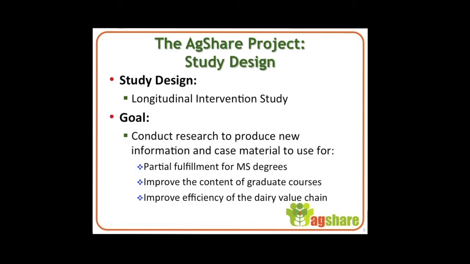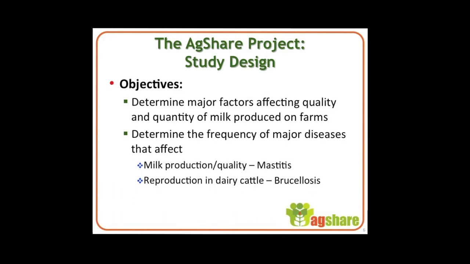So this was a study where we looked at everything from, most of you know me, I talk about cows, everything from the cow all the way to the drinking of milk. And we wanted students to look at the whole value chain, including business aspect of the project. So the students were master's students that got involved in this project.